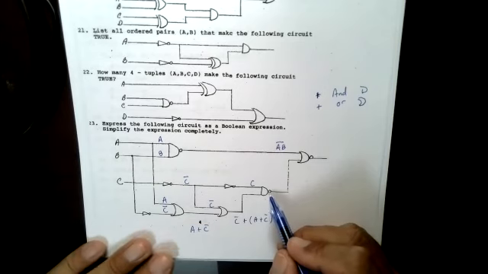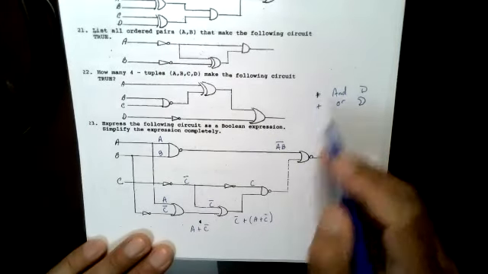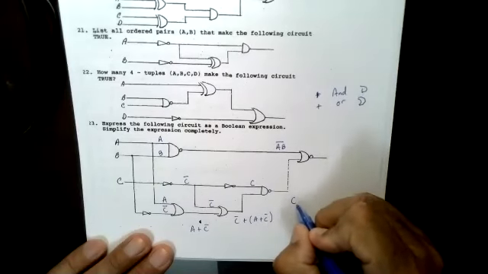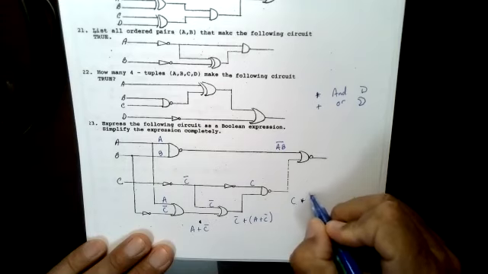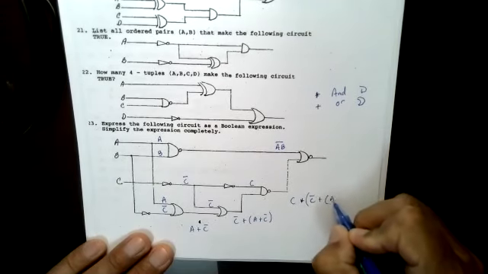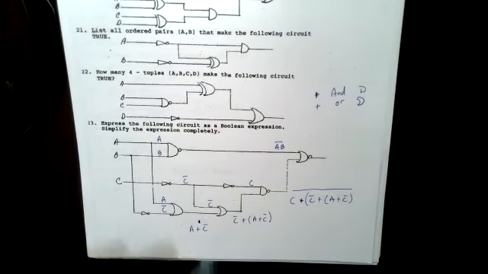What do I have coming out of here? It looks like, again, an and, but I'm going to not it. So C times C naught plus A plus C naught, all of that with a not across it.